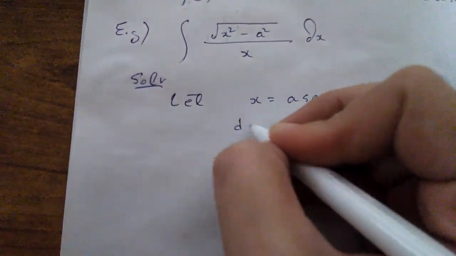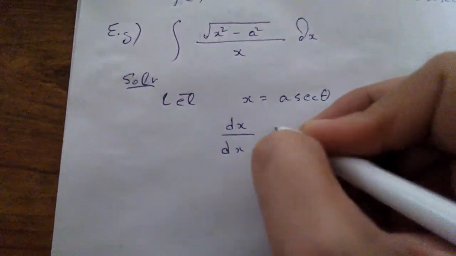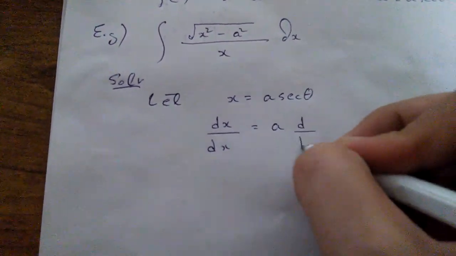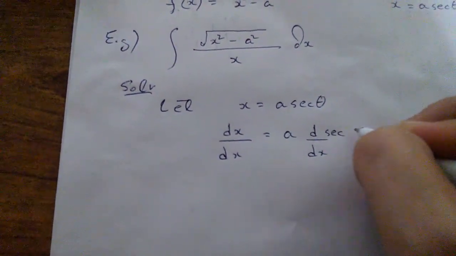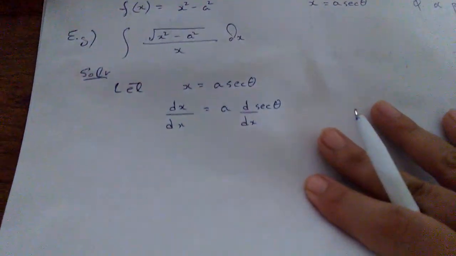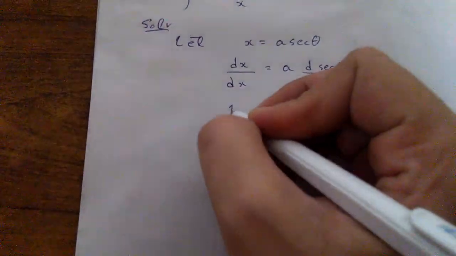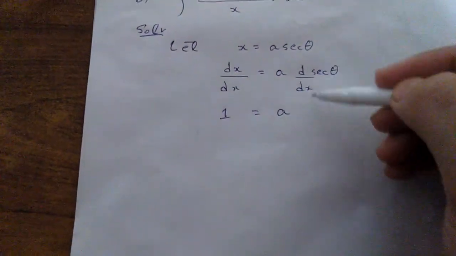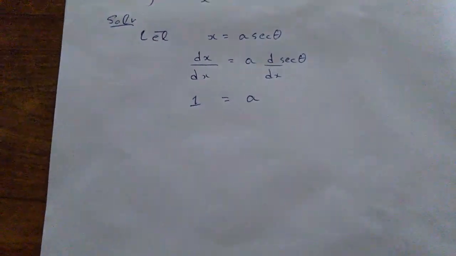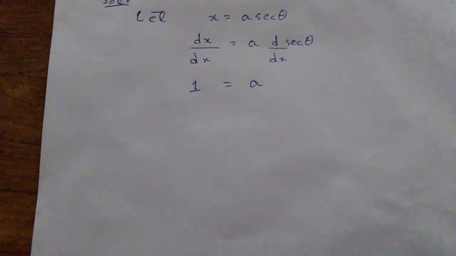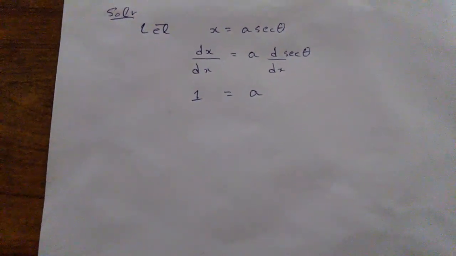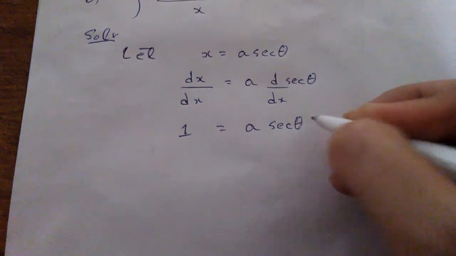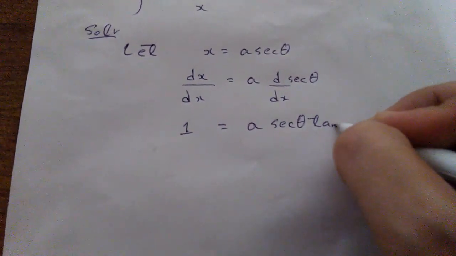When you differentiate both sides, a constant number is always written before the differential operator. So this is your 1, and it comes out to be a. The derivative of sec theta is sec theta tan theta, and that's what we are going to write here.